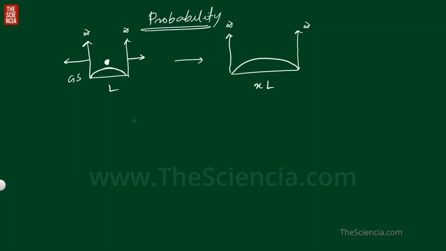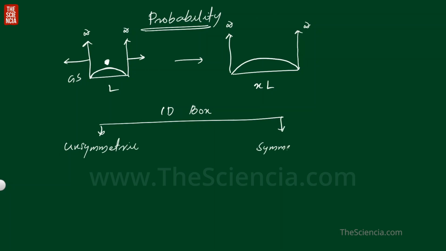So you know there are two types of 1D boxes. One is the unsymmetric box and the other one is the symmetric box. So the probability equations are different for the unsymmetric box and the symmetric box.